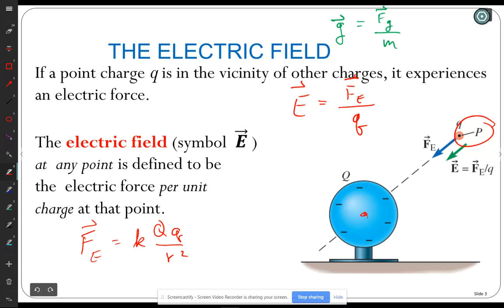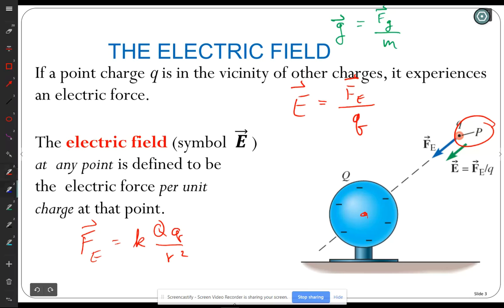So that's using Coulomb's law to find what the force is going to be. But then I say, what if I bring a different charge? What if I bring a charge that's 3 nanocoulombs instead of 1 nanocoulomb? How does it change? That's the whole idea, the question you're asking when you're dealing with electric fields.